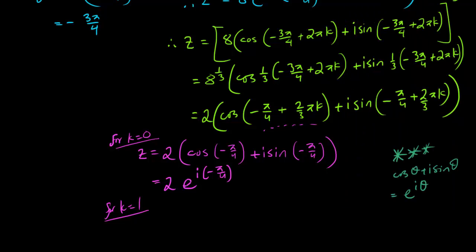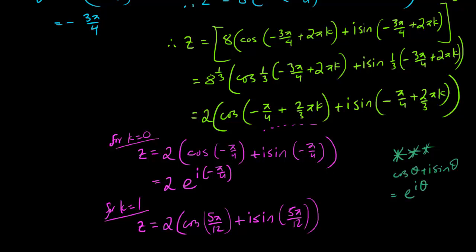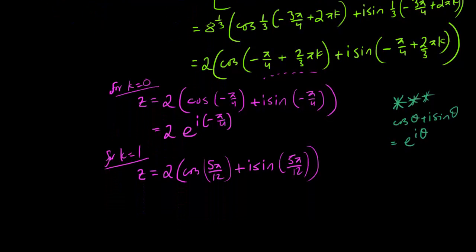So it would be z equals to 2 cos 5 pi by 12. The coefficient is less than 1, so this is going to work, plus i sine 5 pi by 12. So the exponential form is going to be 2 e to the power i 5 pi by 12.